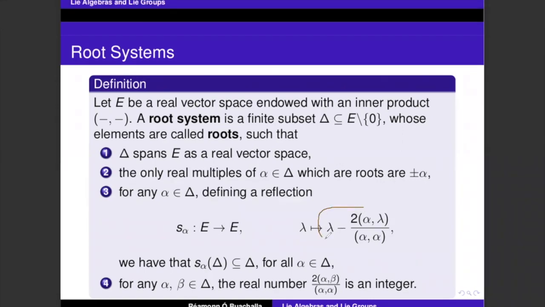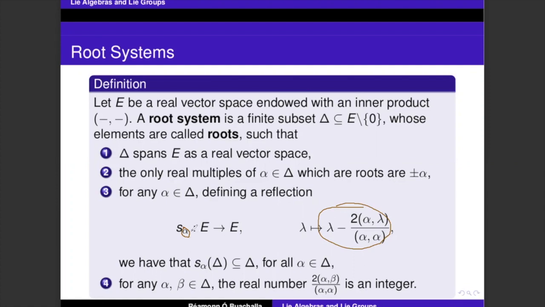So this here is the quantity that we're taking. How you should look at this is, if we were to take our root alpha, now using a Gram-Schmidt process, then we can always extend this single vector inside a Euclidean space up to an orthonormal basis.